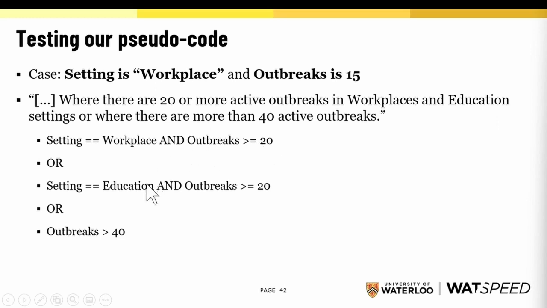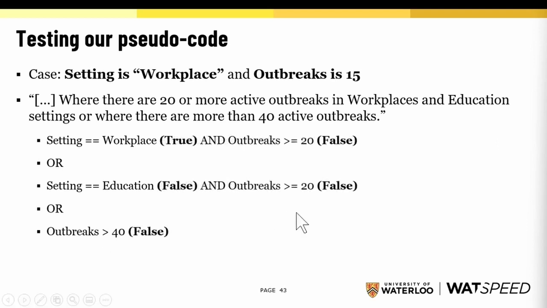The setting is not education, and the number of outbreaks is not greater than or equal to 20. And finally, the number of outbreaks is not greater than 40. So substituting all our values in, we have true and false, false and false, and finally false, and we're combining these all with an or condition.